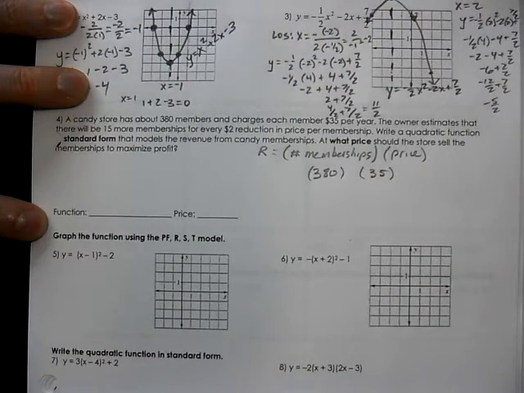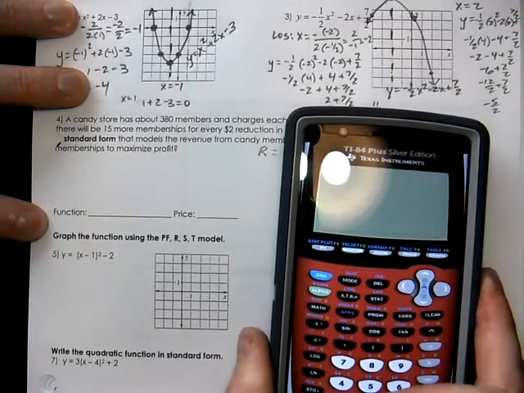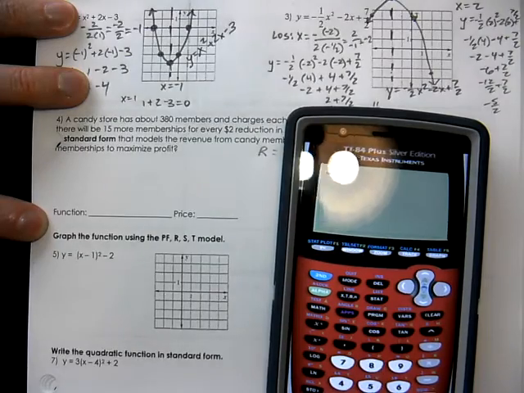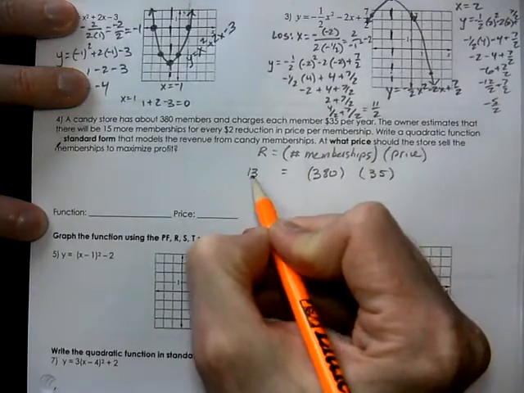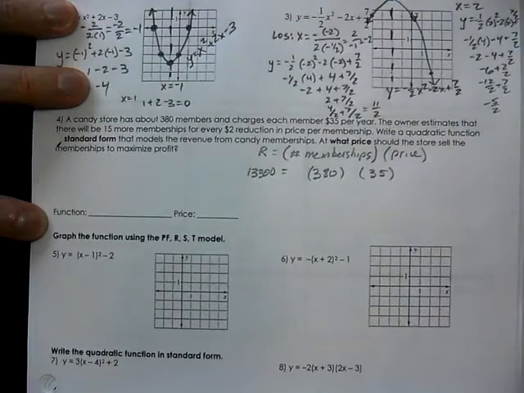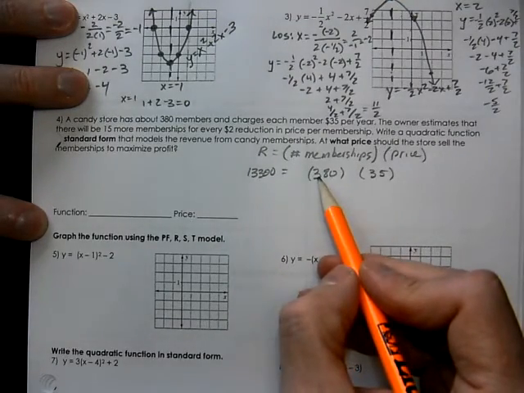So using our calculator, we'll take 380 and times that by 35. So we're going to get 13,300.